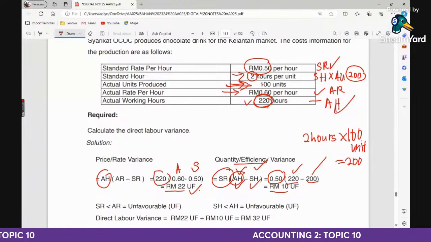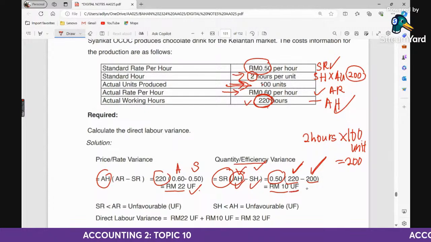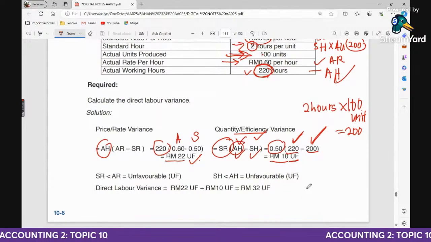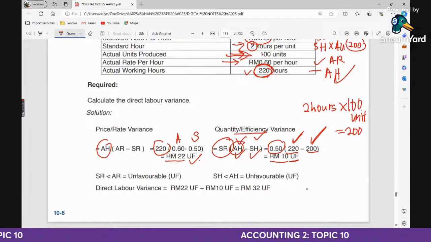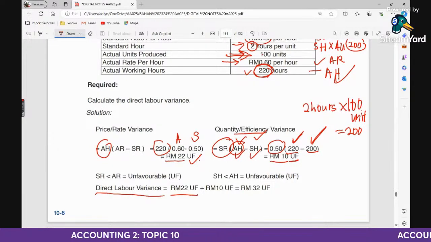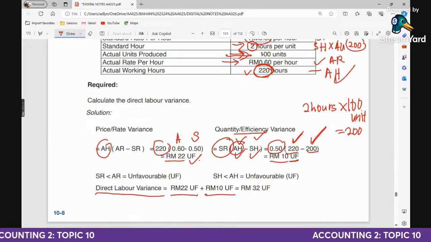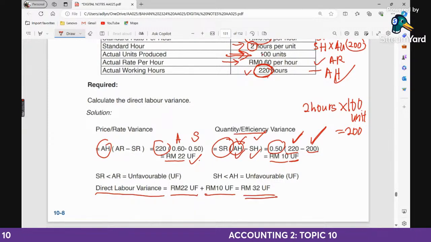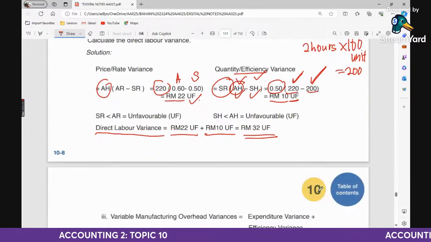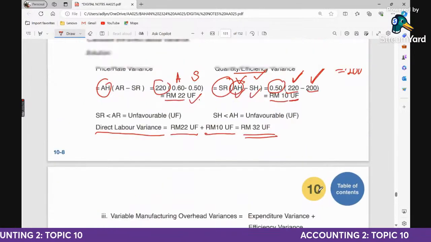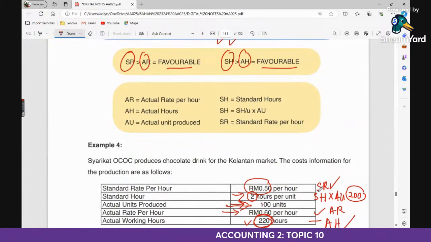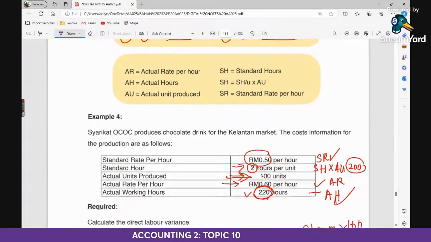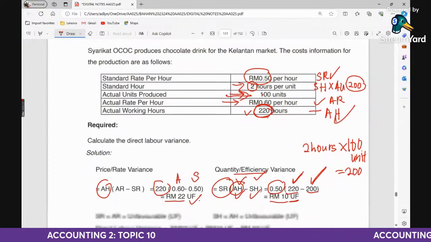Okay, your actual is bigger than your standard. That means dia pun ialah unfavorable. Okay, so your direct labor variance RM22 unfavorable plus RM10 unfavorable. So total di sini will be RM32 unfavorable. Okay, alright. So itu untuk direct material variance and also direct labor variance.